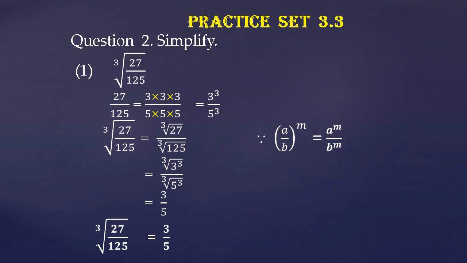Therefore, cube root of 27 upon 125 is equal to cube root of 27 upon cube root of 125. Since (a upon b) raised to m is equal to a raised to m upon b raised to m, it equals cube root of 3 cube upon cube root of 5 cube, which is equal to 3 by 5. Therefore, cube root of 27 upon 125 is equal to 3 upon 5.